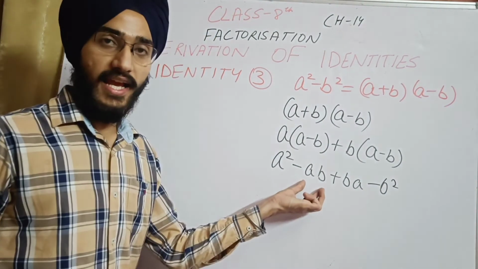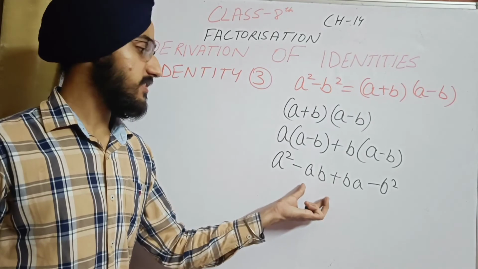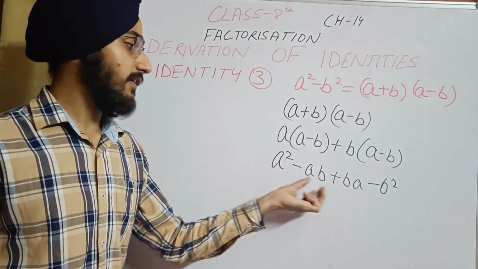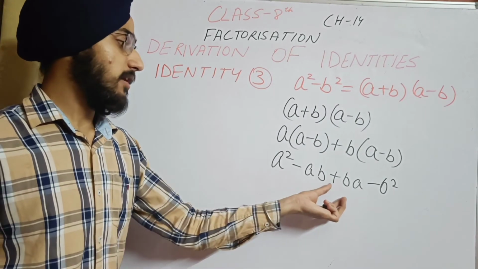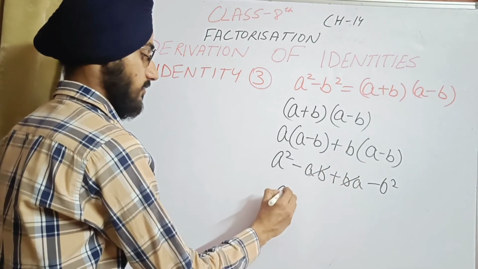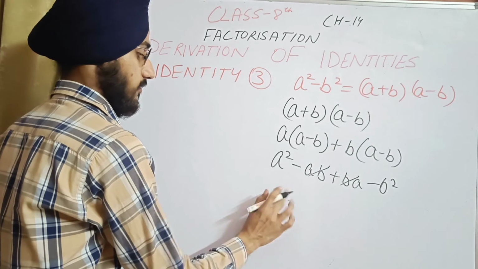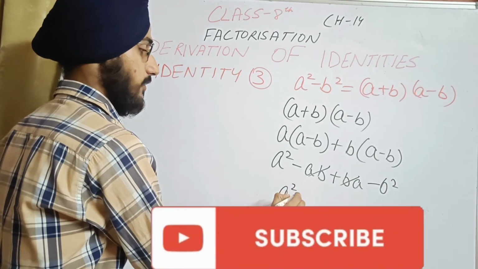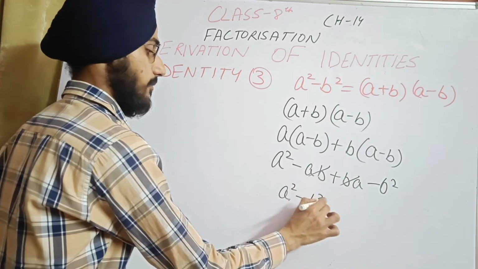As we know, ab and ba are both the same things, but one is negative and one is positive, so they will cancel out and we will conclude with the identity a square minus b square.